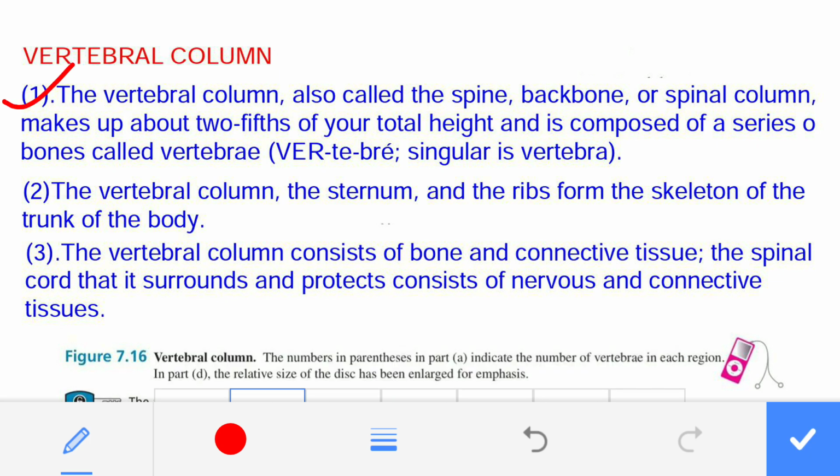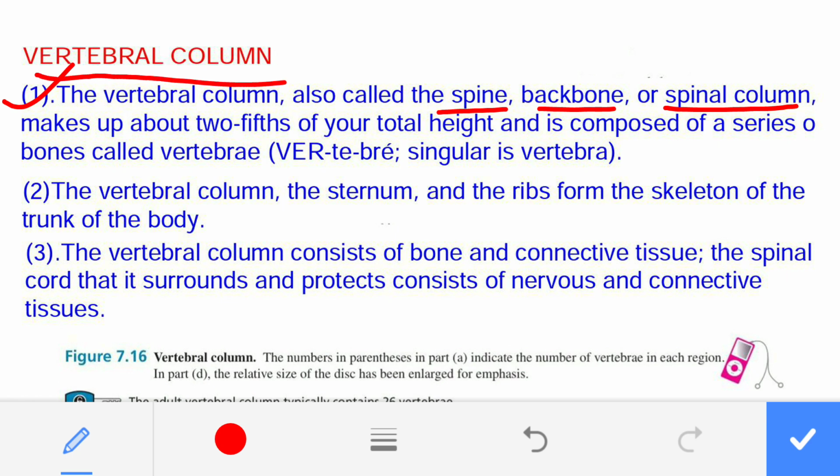For example, the other names of the vertebral column are the spine, the backbone, or the spinal column. The length of the vertebral column is 2/5 of your total height. This vertebral column is made up of small bones arranged in a series.